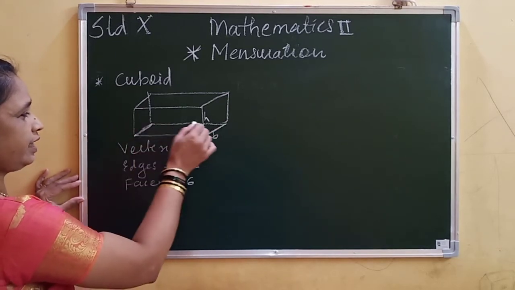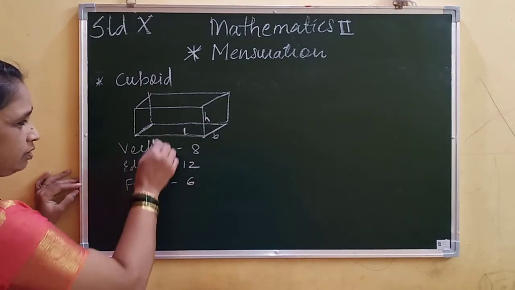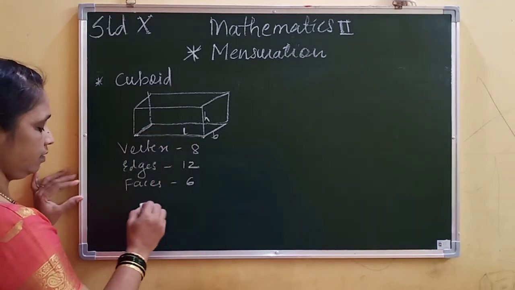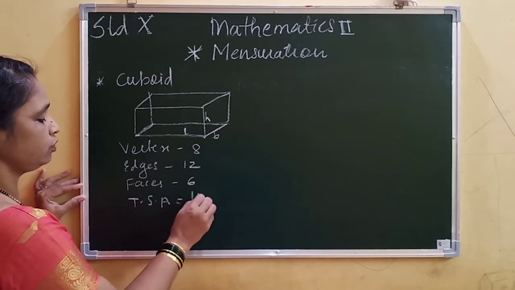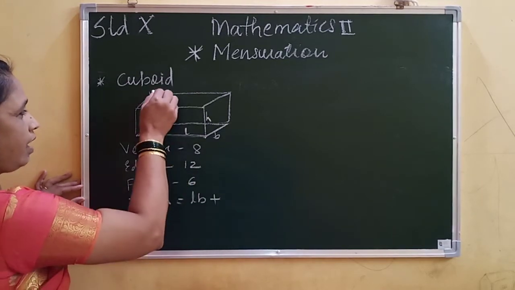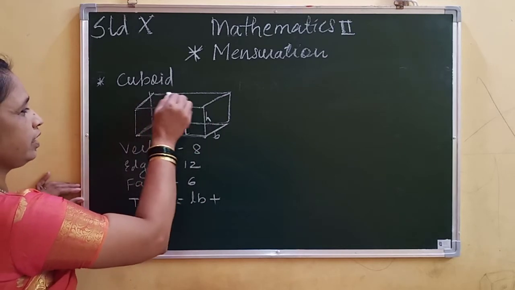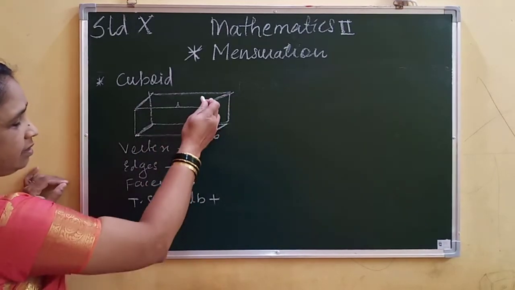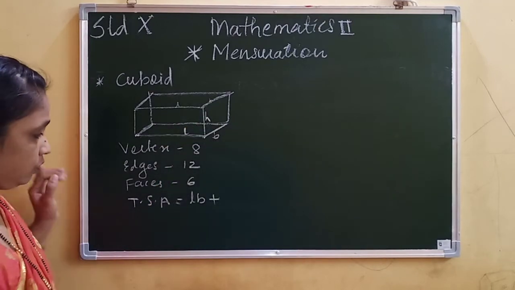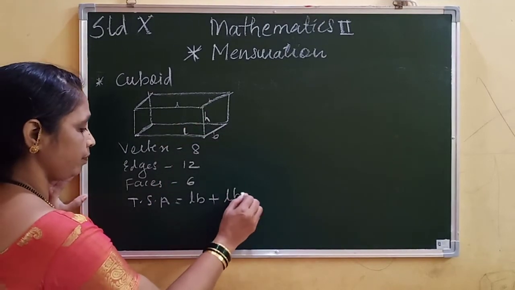Total surface area will be length into breadth, plus the upper face also, length and breadth. These opposite sides are equal, so it will be length into breadth.